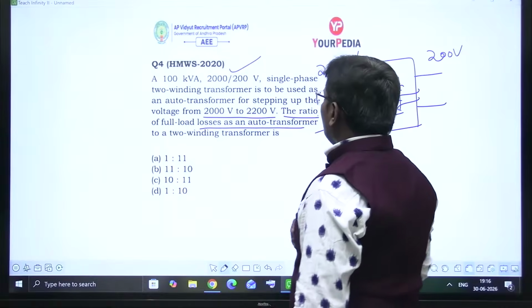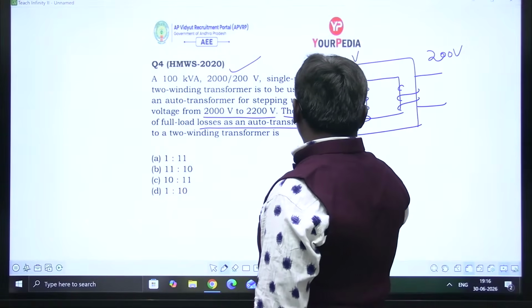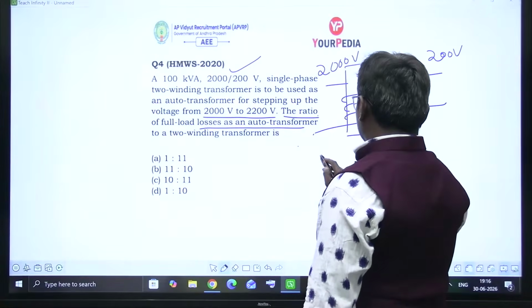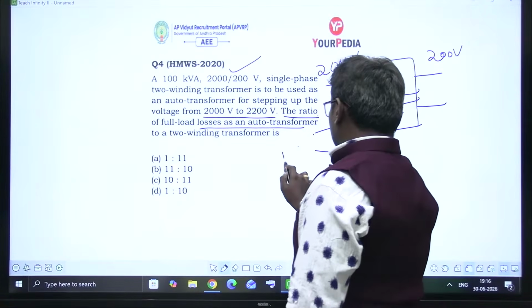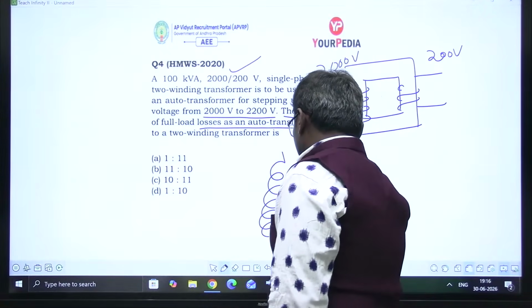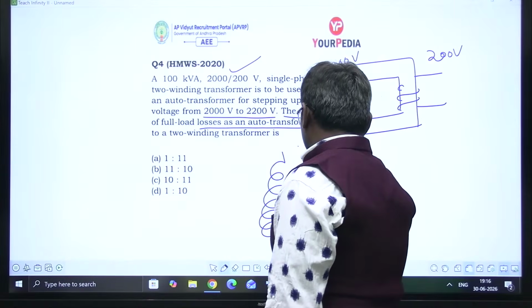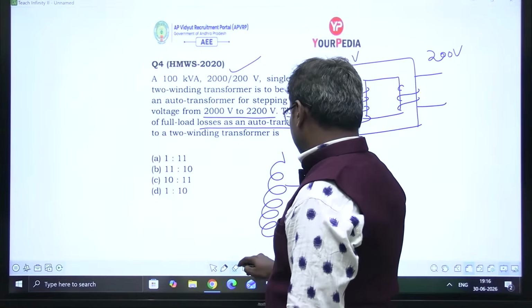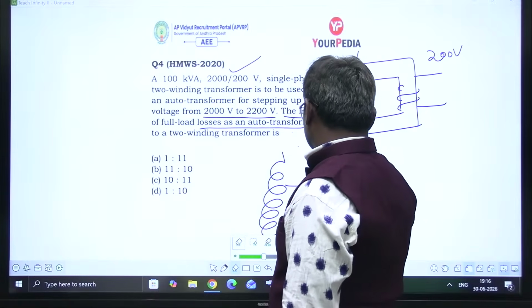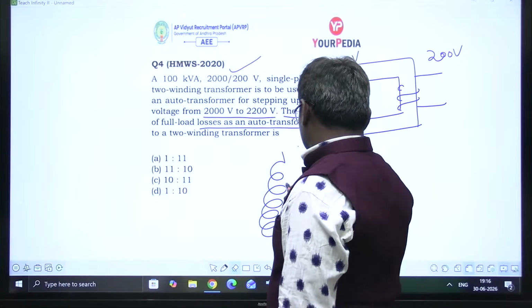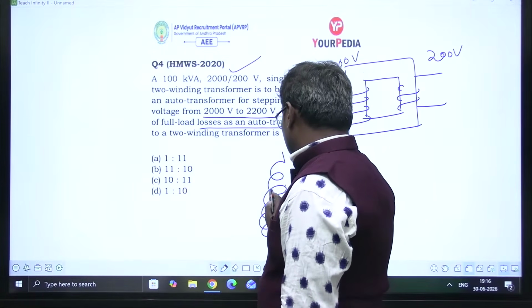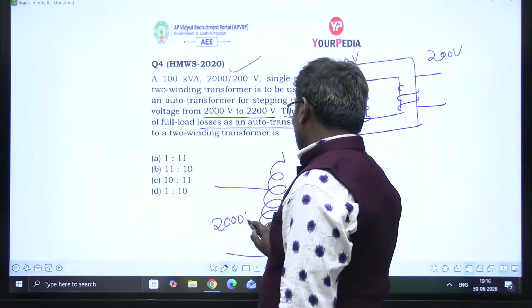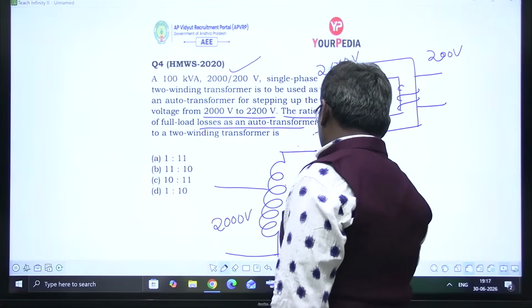So this can be reconnected as input is 2000, and the output is 2200.